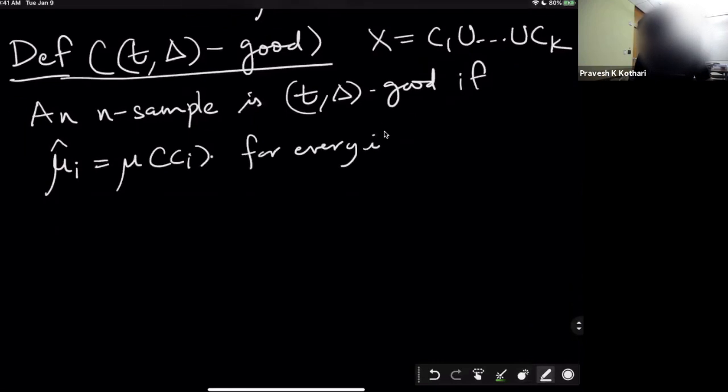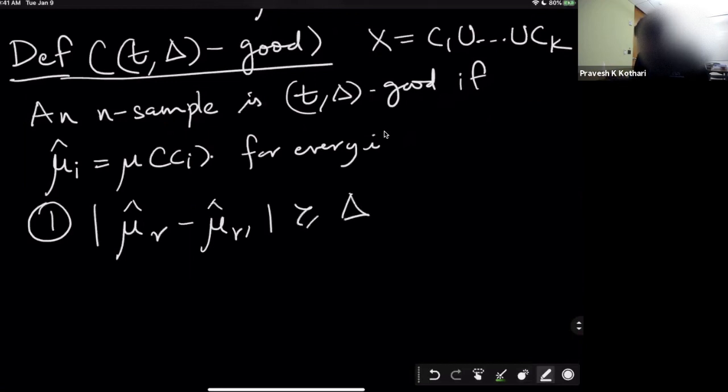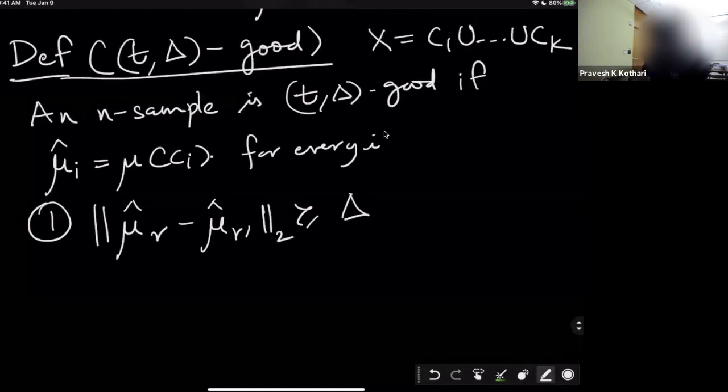Then I'm going to call this sample t delta good if, for every r not equal to r prime, let me write down the condition for high dimensions, even though we'll focus on d equals 1 for a bit.